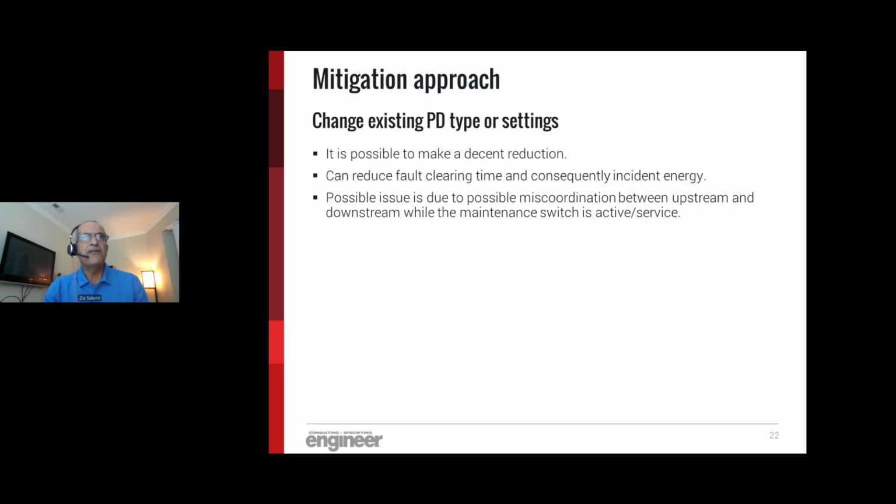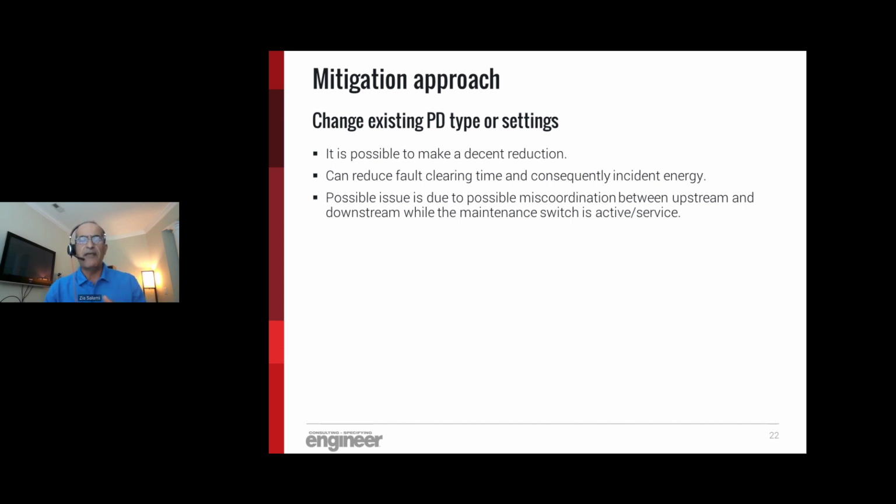Let's move on to another mitigation approach, which we typically always pretty much rely on, and I'm sure most of us have done that: changing the existing protective device type or settings. Again, that's always, to me, one of the probably easier or cheapest approaches. Of course, we need to make sure the intention is to bring the fault clearing time, FCT, lower.